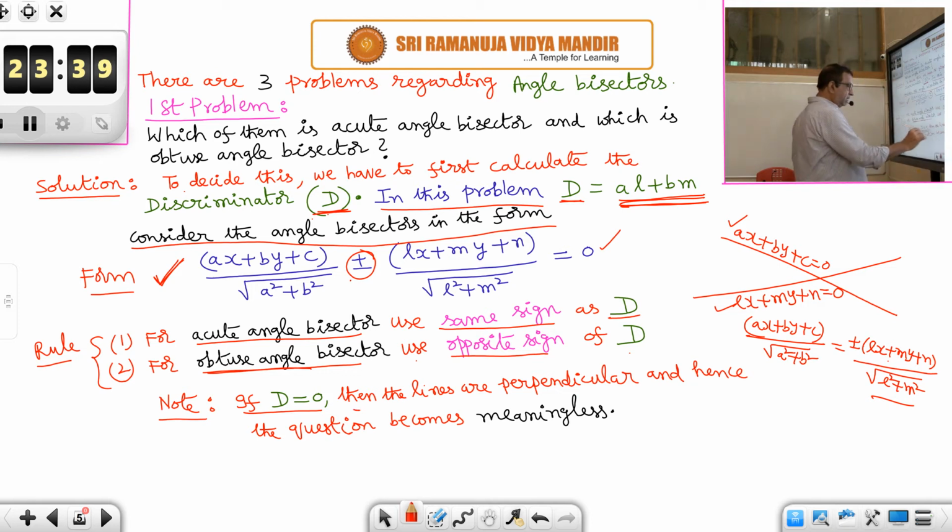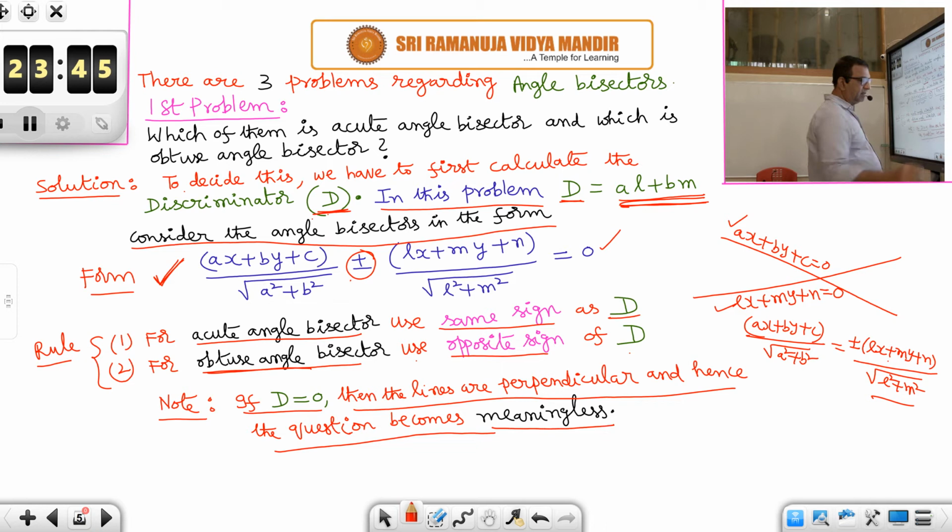So, if D is equal to 0, then the lines are perpendicular and hence the question becomes meaningless, what I have written. So when D is 0, the question should become meaningless. That is the important feature of the discriminant D.